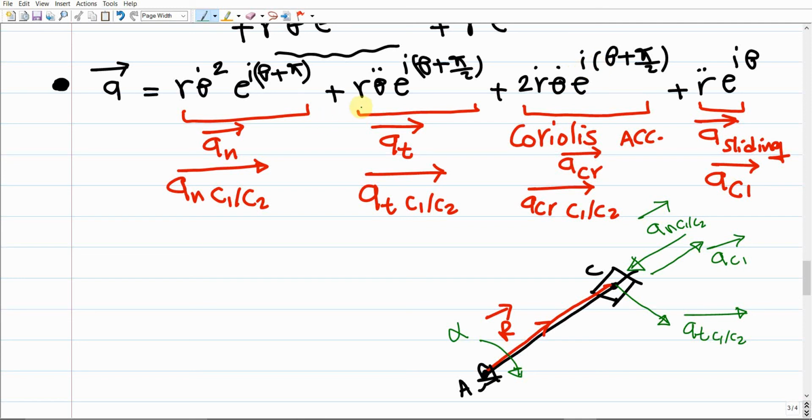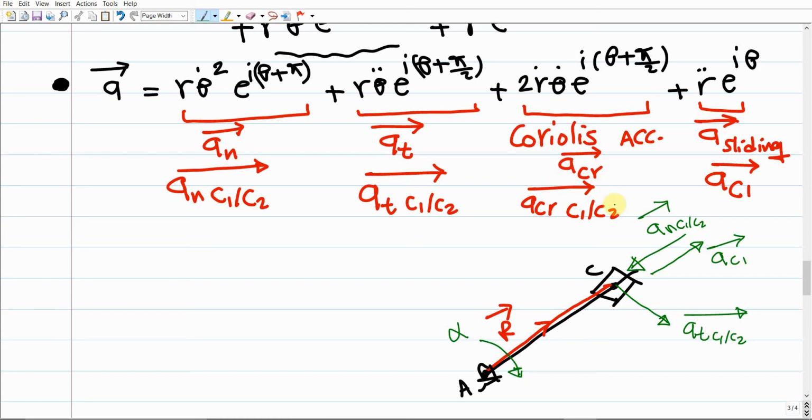You got my point? It is different from the other terms, because in those terms we have R, the magnitude of the position, so we are already shifting with respect to the position. But in this one there is R dot, so we are shifting with respect to R dot. What is R dot? This is V, the sliding velocity of the slider.